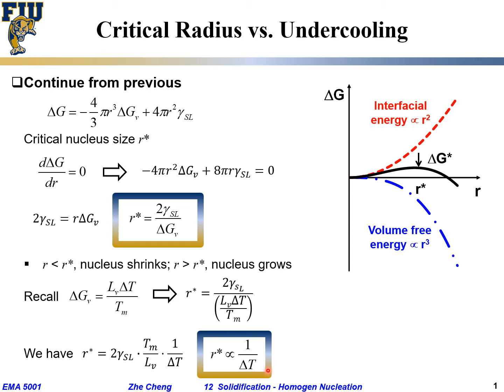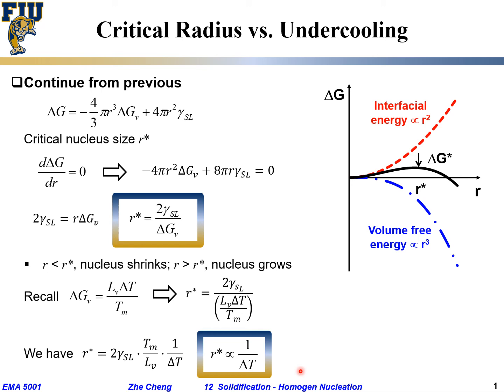When delta T becomes larger and larger, which means we are colder and colder, our r star becomes smaller and smaller. Remember, delta T is how much we are below the melting temperature.